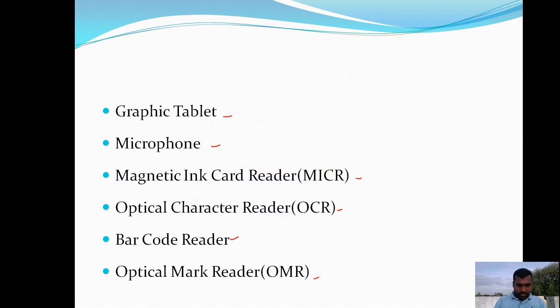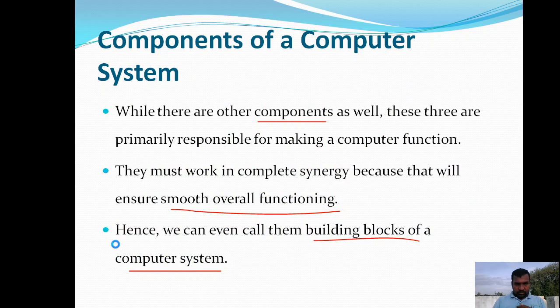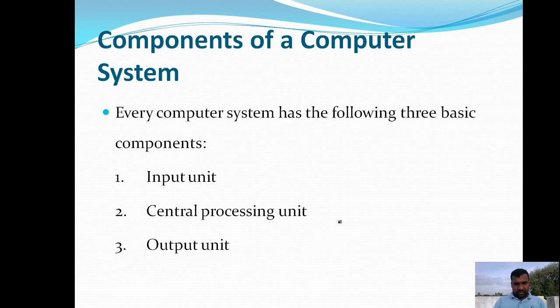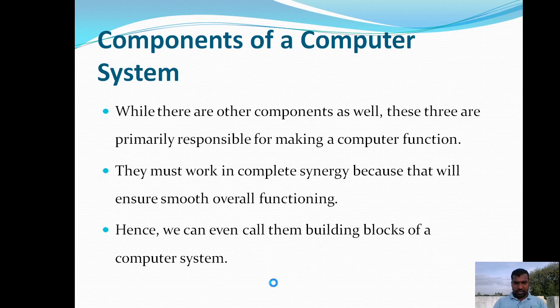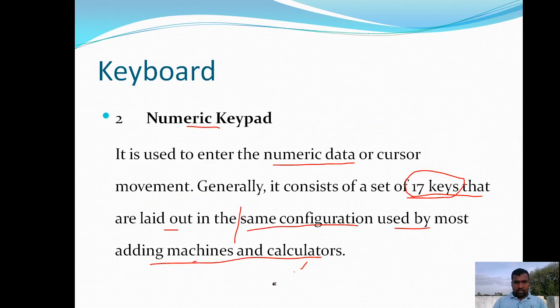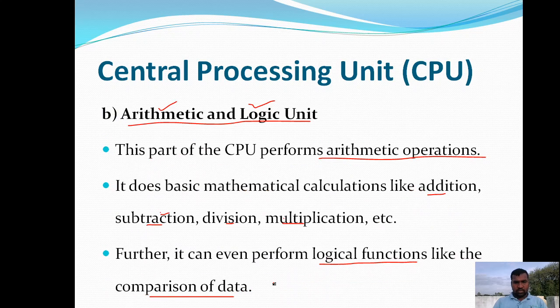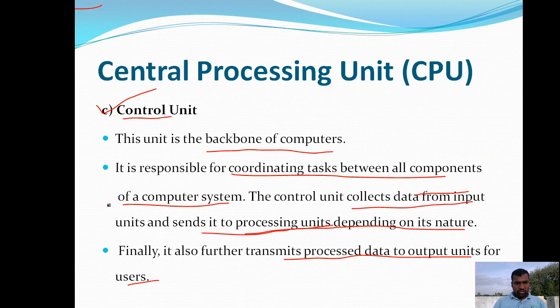Here a barcode reader is an input device, and these are the three basic components available in a computer: input unit, central processing unit and output unit. The control unit, which is available in the central processing unit, is the backbone of the computer.